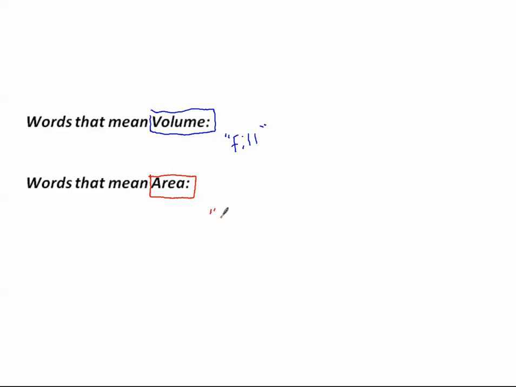Maybe you're painting the sides of something. Anytime you're talking about just flat sides, you're usually dealing with area. And almost always when you're dealing with 3 dimensions, meaning how much space something takes up, you will be working with volume. So space.